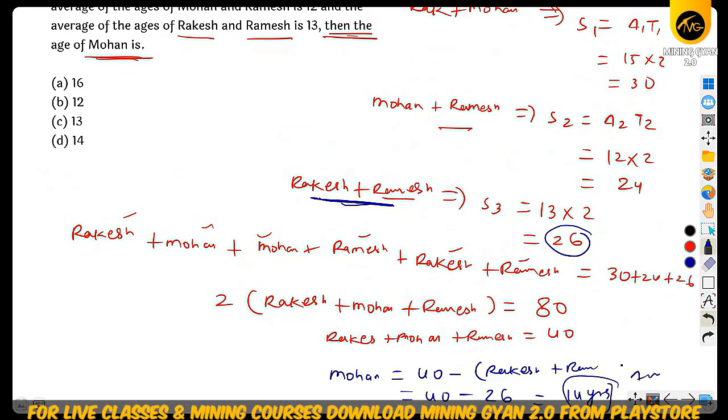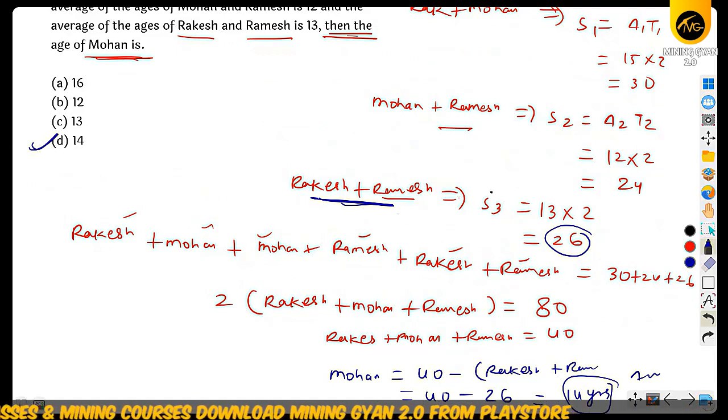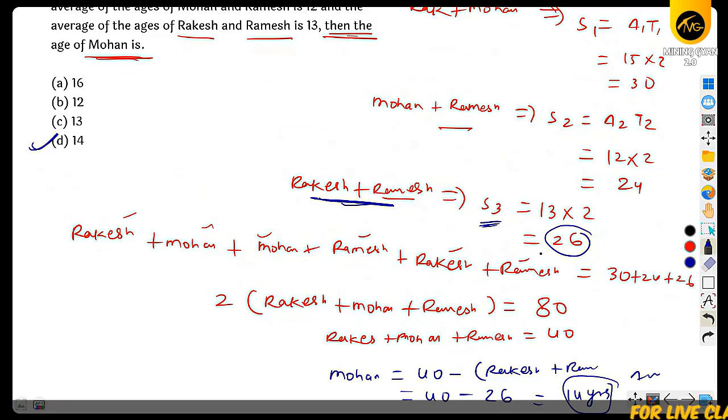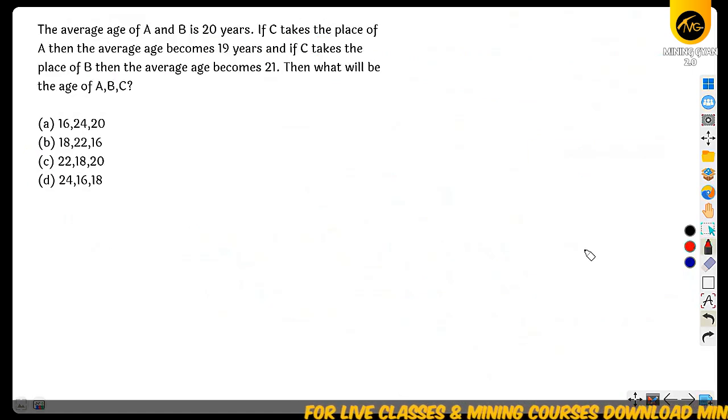So the correct answer is 14, option D. Basically the sum means their total ages, because we have the average age of 2 persons.